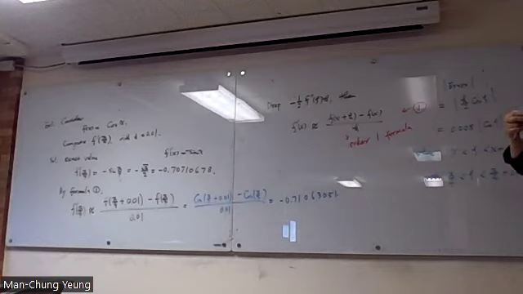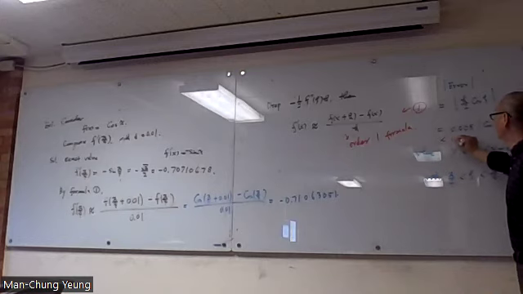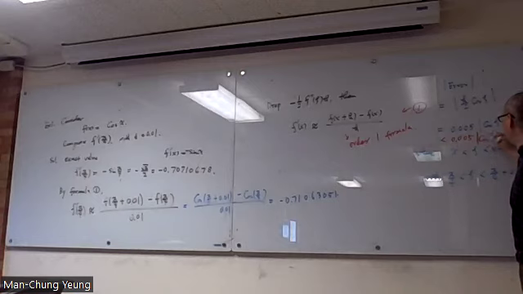Recall the graph of cosine. Between 0 and pi over 2, the graph of cosine is decreasing. So cosine of sine is greater than cosine of pi over 4.